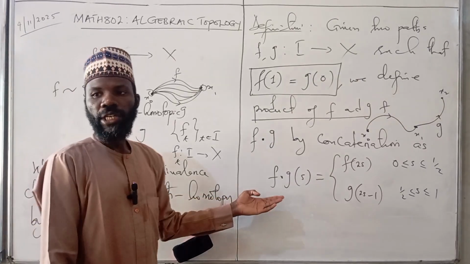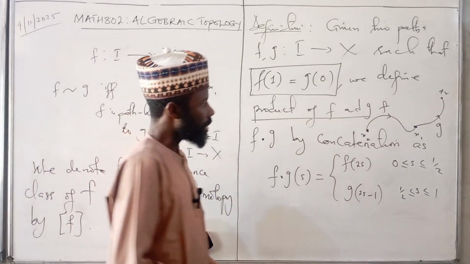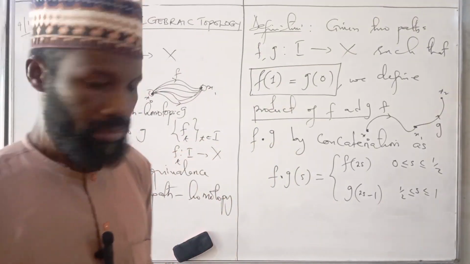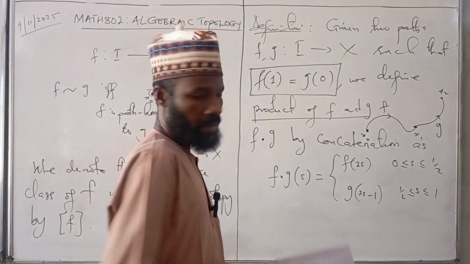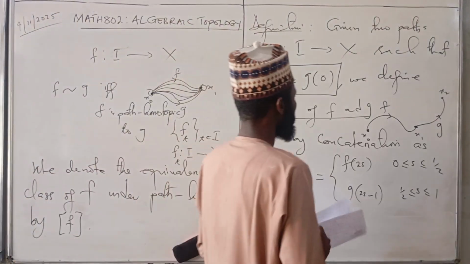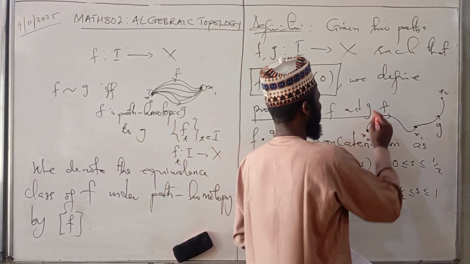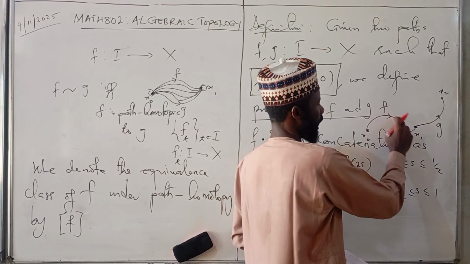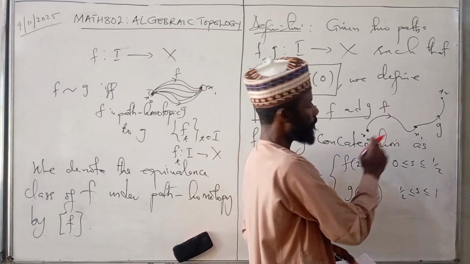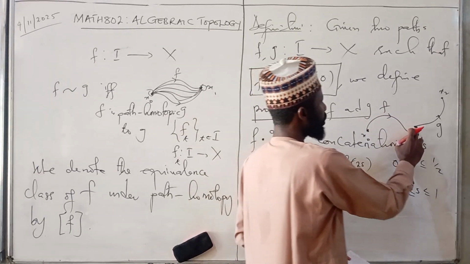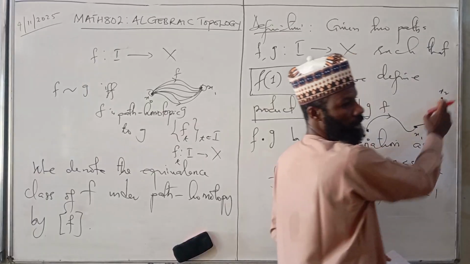So we have gotten a new path. Can you see it in the picture? The new path is this one. Let me draw it in red. f starts from this point, and in one time interval, like 1 hour, you arrive at this point. And then g, in another 1 hour, you arrive at this.